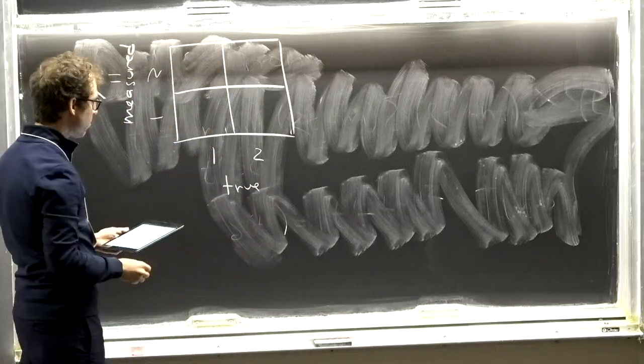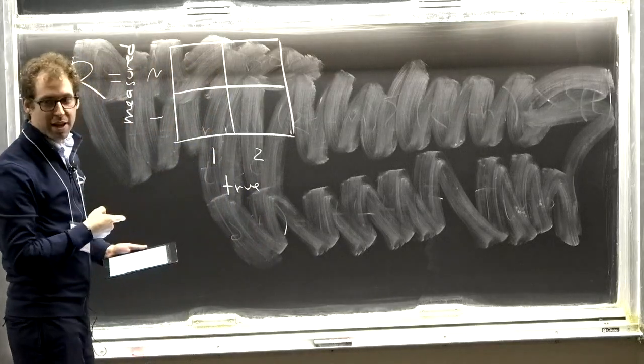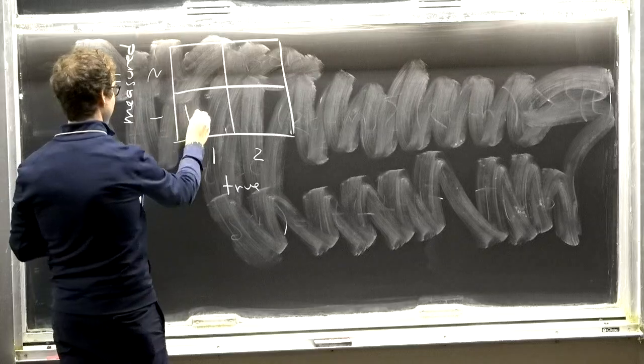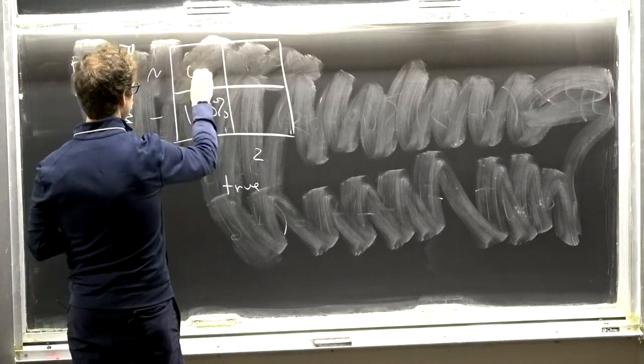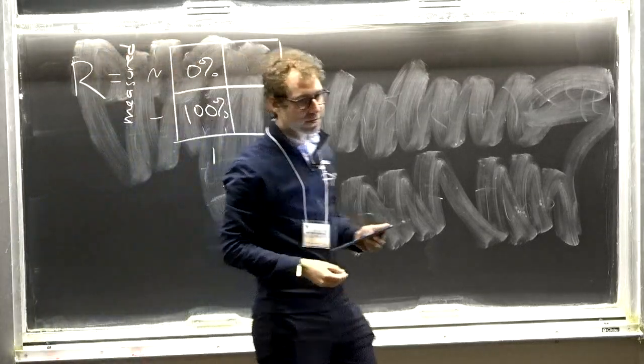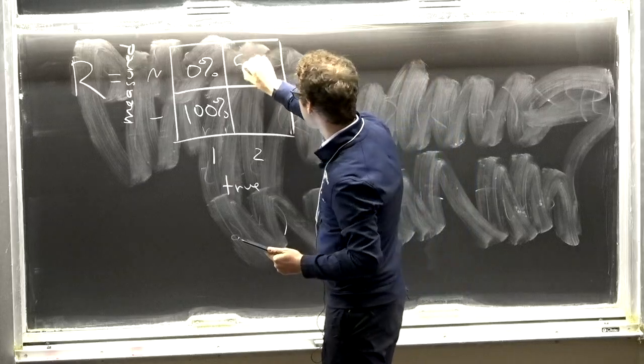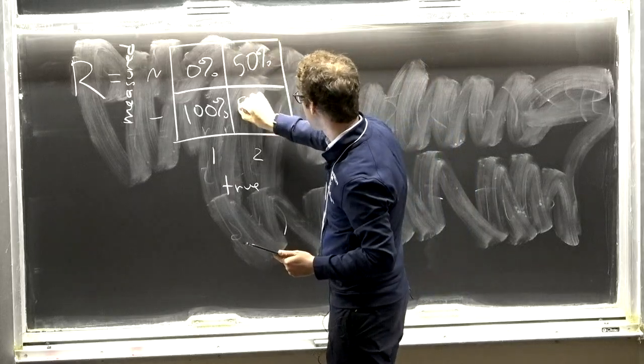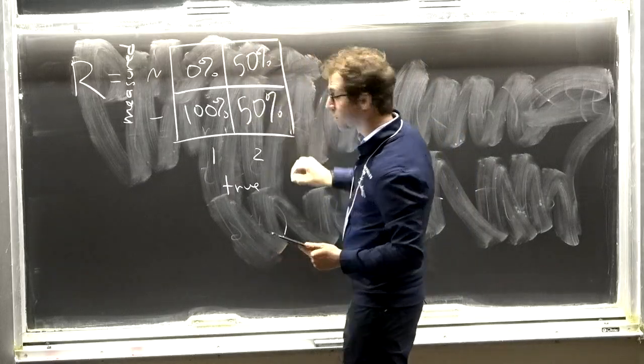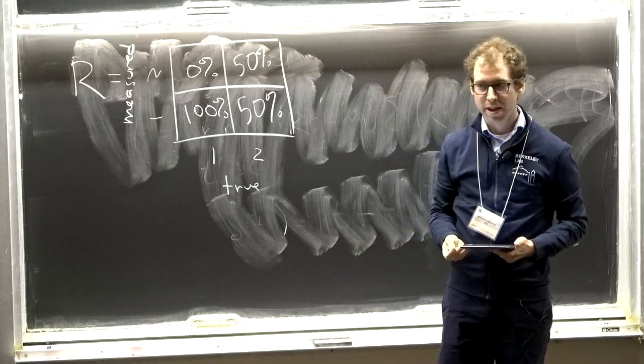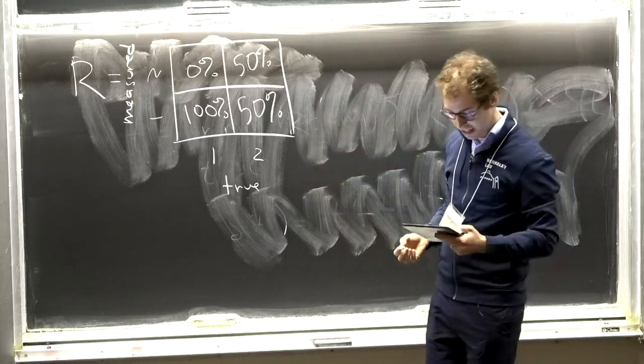And in this super simple case, the true value 1 is always measured as 1. And the true value 2 is measured half the time as a 1 and half the time as a 2. Okay, so this is a pretty crappy response matrix, but it's very illustrative, so I'm going to use it.